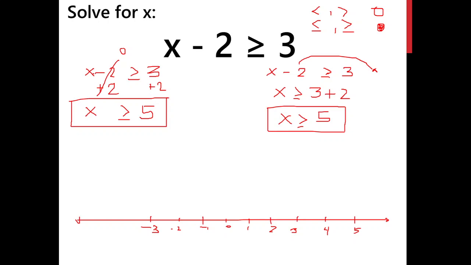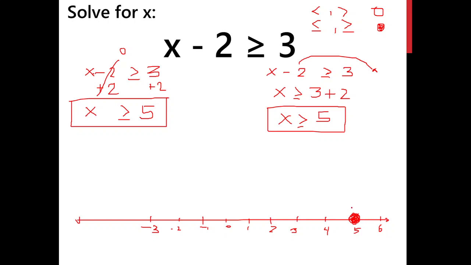Now let's locate our answer here. 5 is here. Since the symbol being used is greater than or equal to, we use the closed circle. Closed circle means that 5 is part of the solution to our statement.